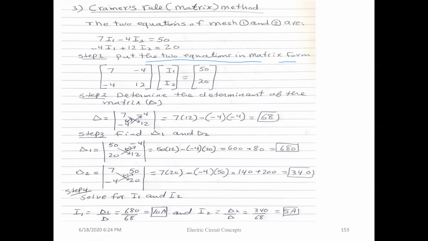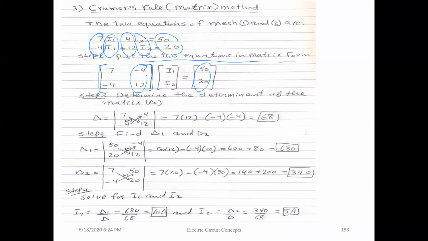So you take the coefficients. That's why it's very important to have I1 and I1 here, I2 and I2, and the right-hand side. You open a bracket, put those 2 coefficients underneath, and these 2 underneath, then I1 and I2, and the right-hand side would be 50 and 20.